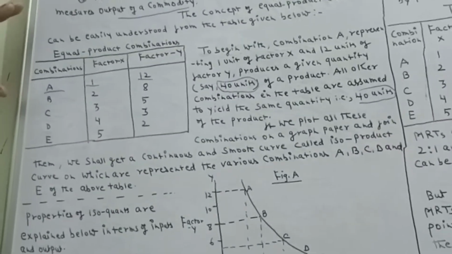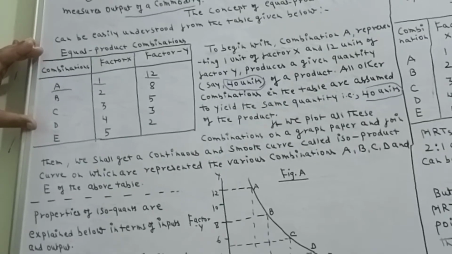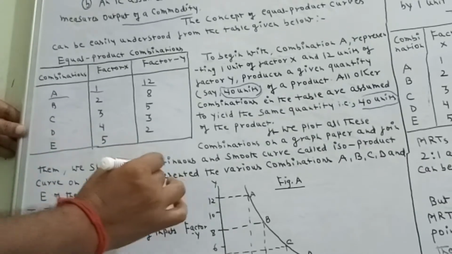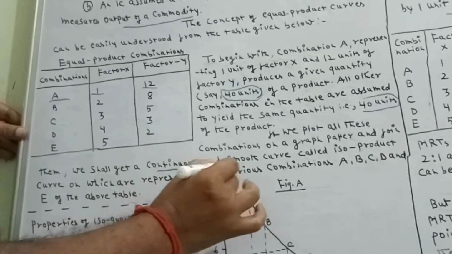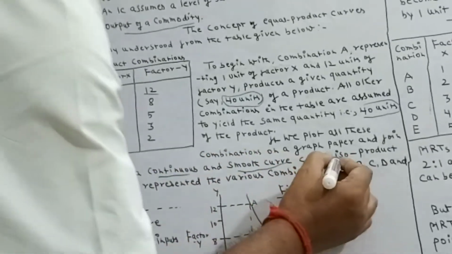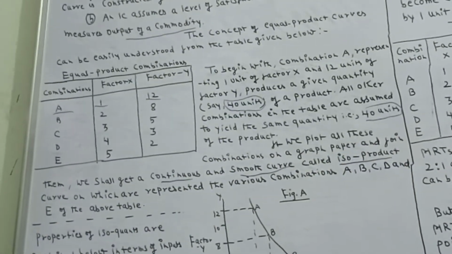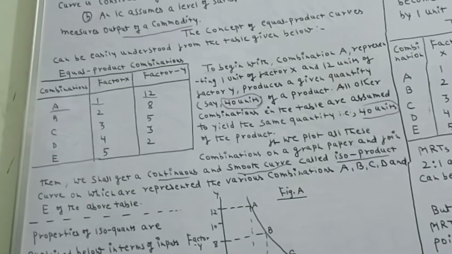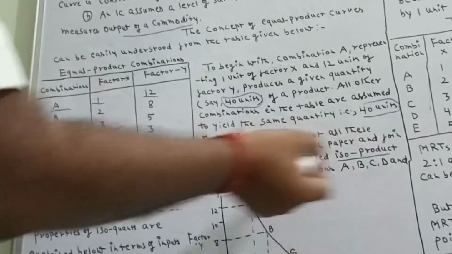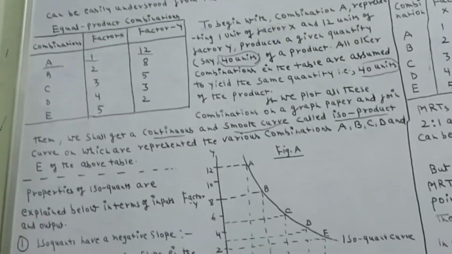And if we plot all these combinations on a graph paper, we shall get a continuous and smooth curve called isoproduct curve, on which are represented the various combinations, say A, B, C, D, and E of the table.